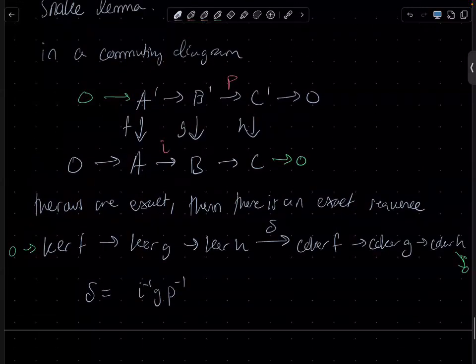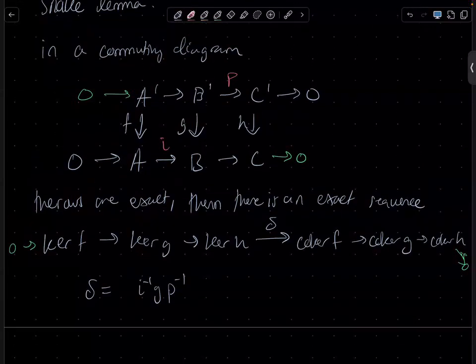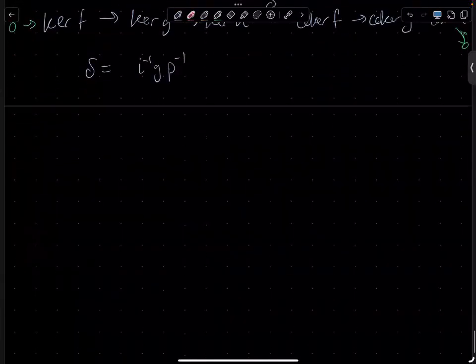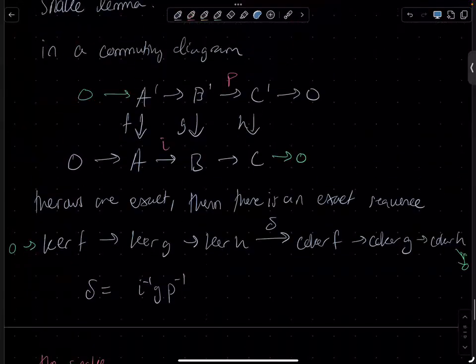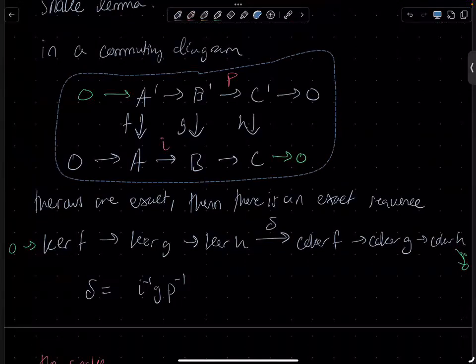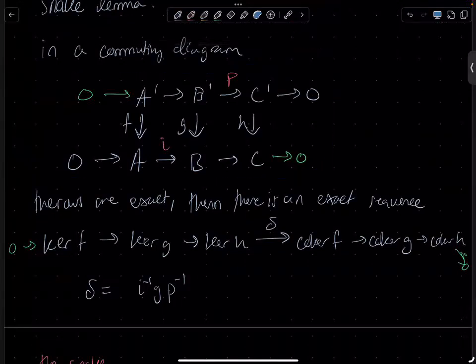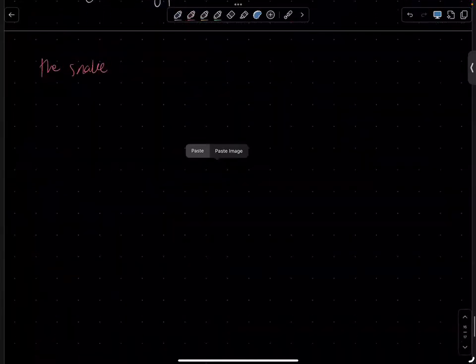And so, okay, why does it look like this? Maybe I write down what the actual snake is. And luckily I'm on a tablet, so I can just copy paste this picture. Why is it called the snake lemma?